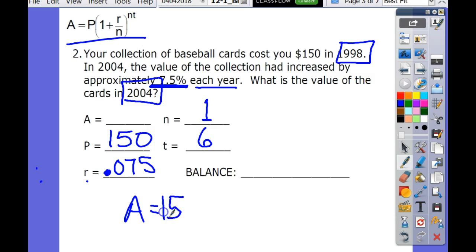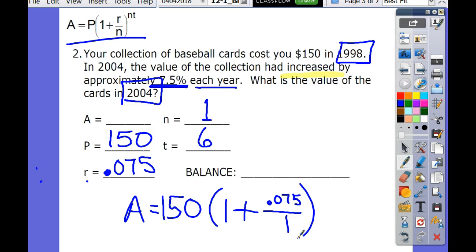The principal amount is 150, plus. It is a plus because it increases in value. 0.075 divided by 1 raised to the n times t power.